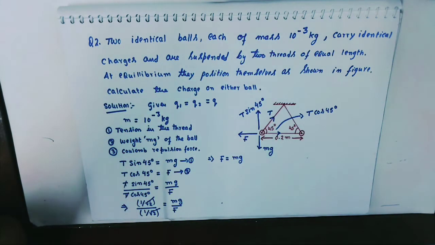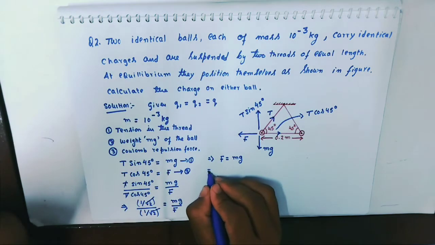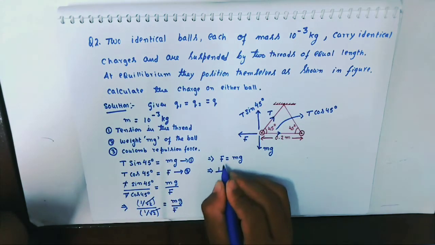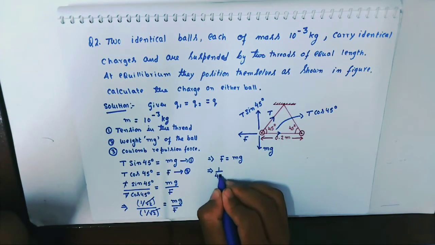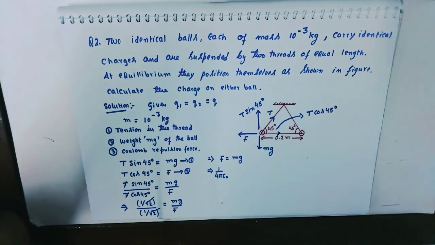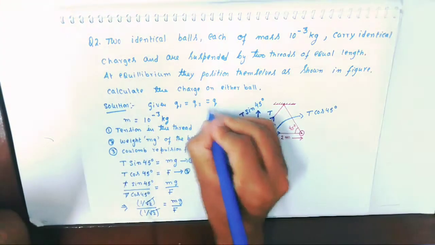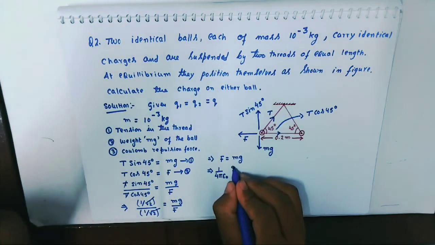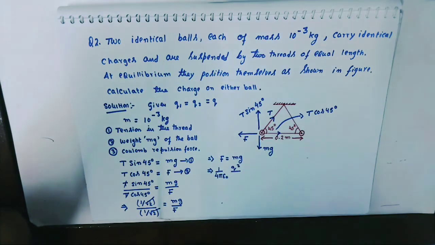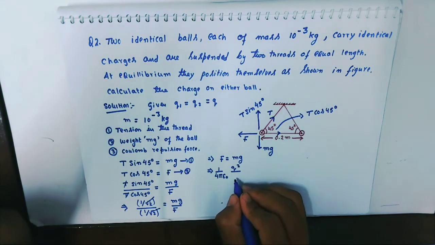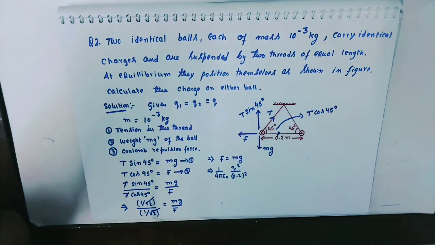But from Coulomb's law, this F is equal to 1 by 4 pi epsilon naught q1 multiplied by q2. But here q1 is q, and q2 is also q. So we can write q square divided by 0.2 whole square.